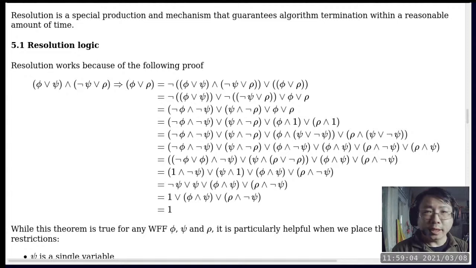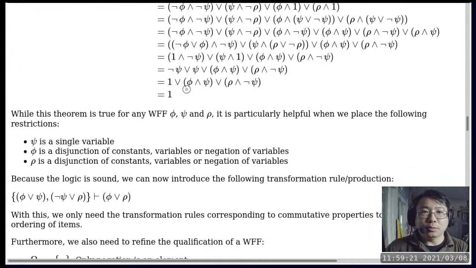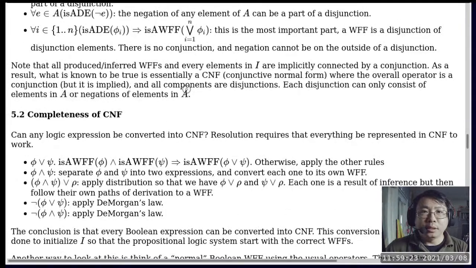And what we'll do today, just a quick preview: we'll go over the resolution logic, basically why the mechanism works. The second thing we'll need to do is to redefine CNF, redefine well-formed formulae a little bit to make use of conjunctive normal form.